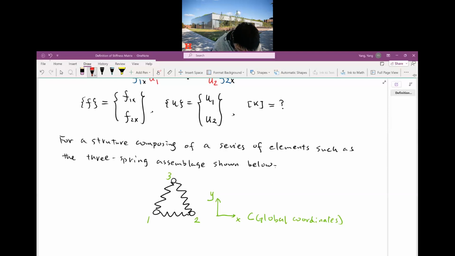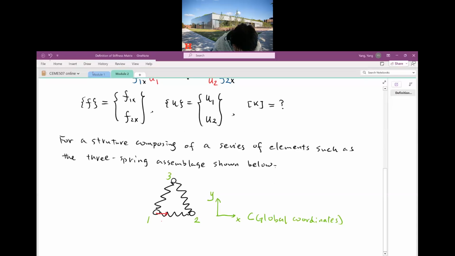For example, for node 1, we will have u1 and v1. For node 2, we will have u2 and v2. Node 3, u3 and v3.